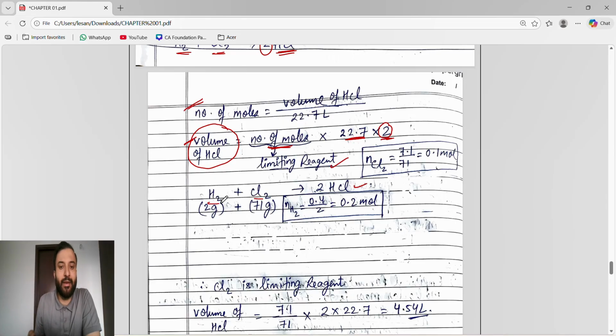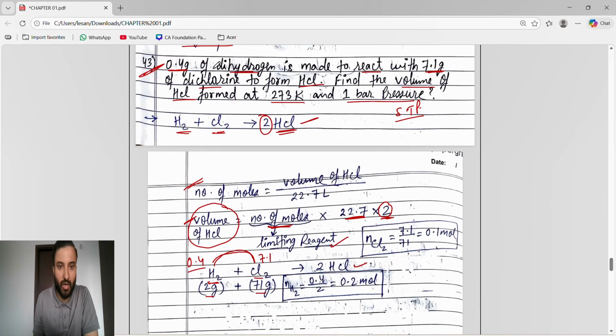Limiting reagent every time we will find from the reactant side, not the product side. So 0.4 gram of H2 reacts with 7.1 gram of dichlorine.